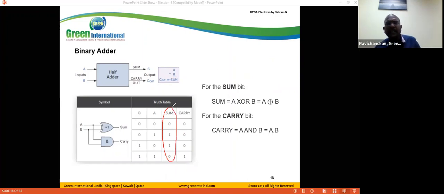So for the binary adder, the exclusive OR is used for the sum, and for the carry, see here: 0, 0, 0, 1. It is the truth table for the AND gate. So in the binary adder or the half adder, the sum is an exclusive OR. For the carry, we are using the AND gate.